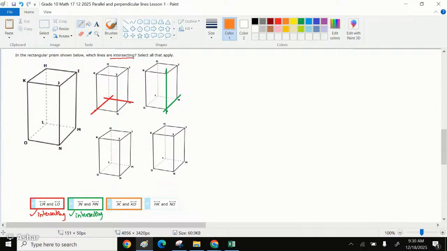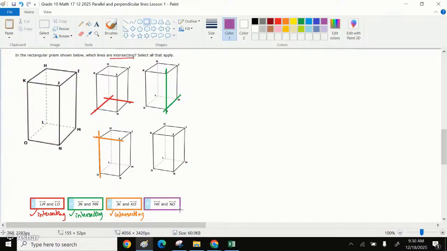JK and KO lines. Where is J and K? This is JK. K and O is this line. It is also intersecting. Let's look at the last option.